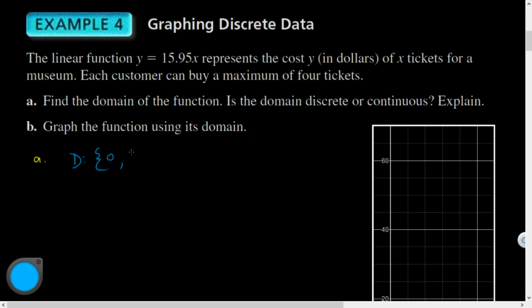Could I buy half a ticket? No, the museum would wonder what that even means. You're a whole person and you pay the full price. So I can't have values between 0 and 1. I can only buy these counting numbers, these whole numbers. I can't buy a negative number of tickets.